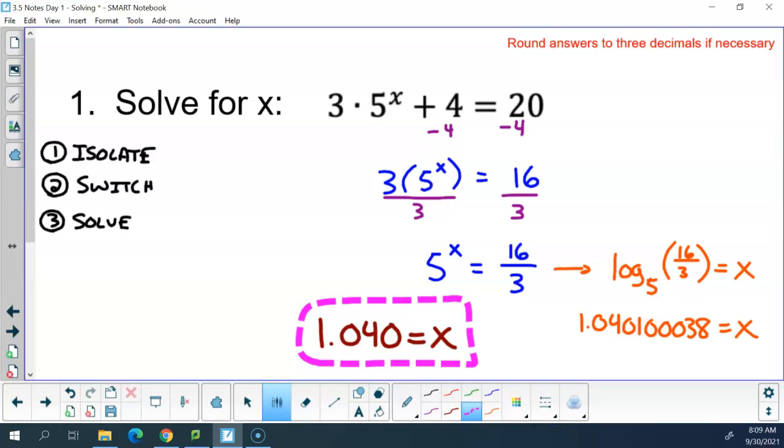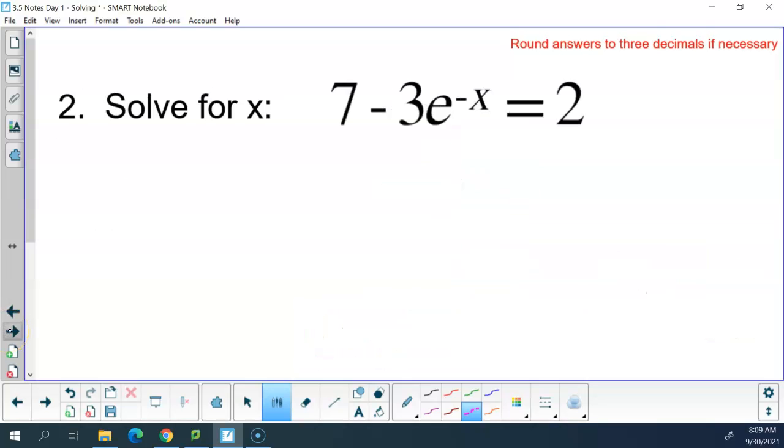We can always go 5 raised to the 1.040 power, then times 3, then plus 4, and I get 19.997424113, but that's because we rounded. I would have done it exact. Love it. You try that one.